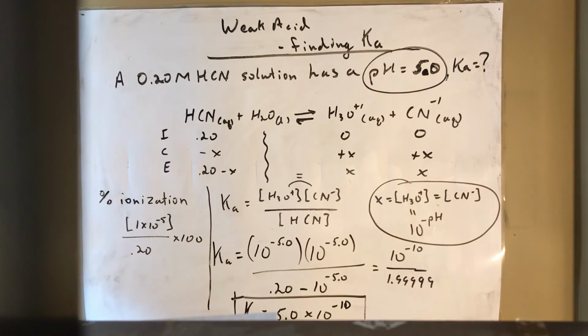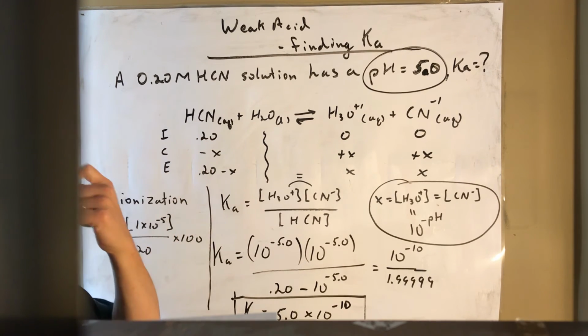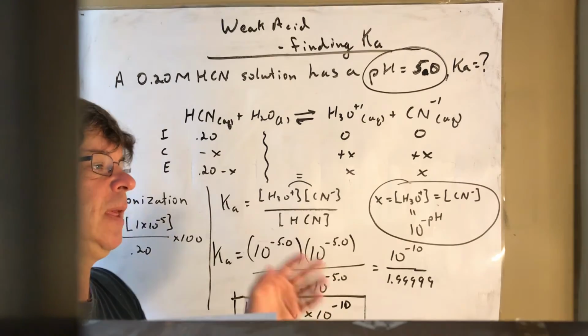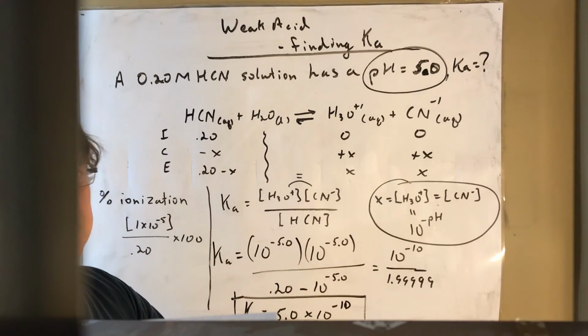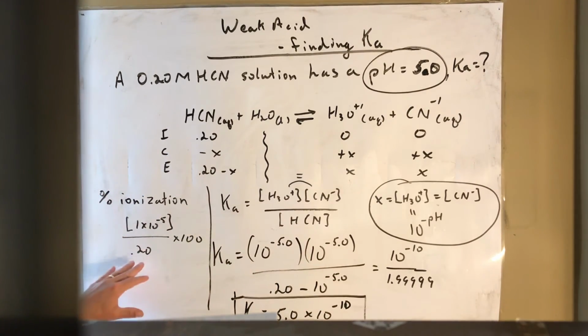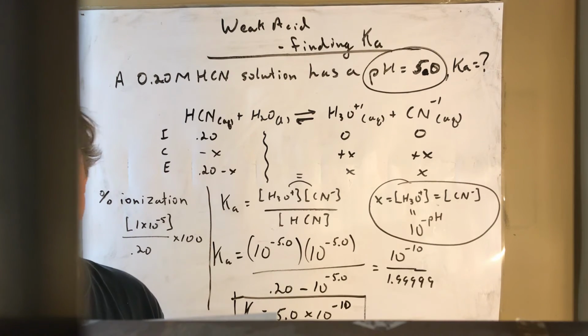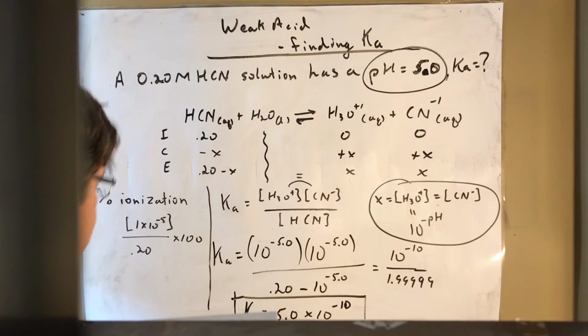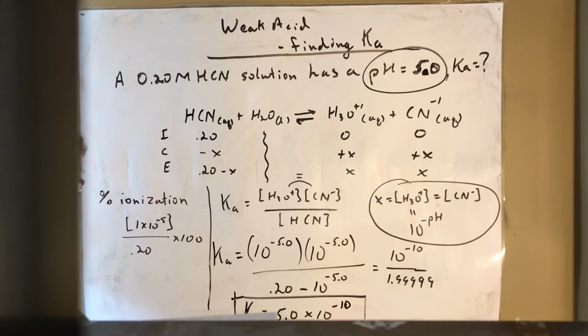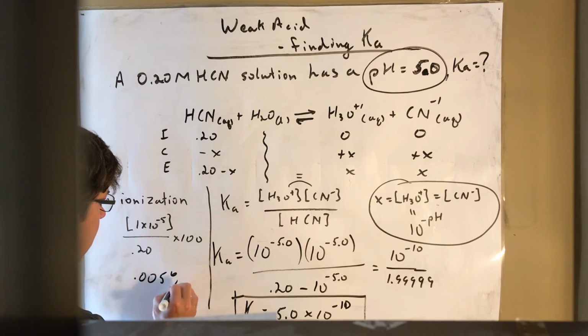So you might be asked to figure out the percentage of these acid molecules that are ionized, meaning the percentage that lose their hydrogen ions, okay? So this is how we would do that. And so let me just use my calculator again. So 1 exponent negative 5 divided by 0.2 equals times 100. It's a really low percentage, 0.005%, okay?